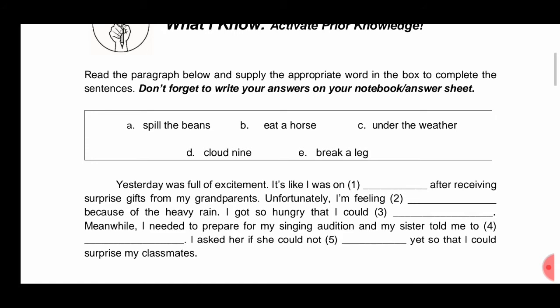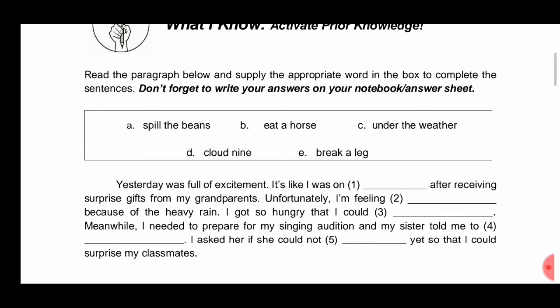Okay, may I tell you guys that these idiomatic expressions have their own definition. You cannot create your own meaning for these idiomatic expressions. Rather, they have their own meaning. And you can only determine the meaning of these idioms by using context clues, or the clues in the sentence.